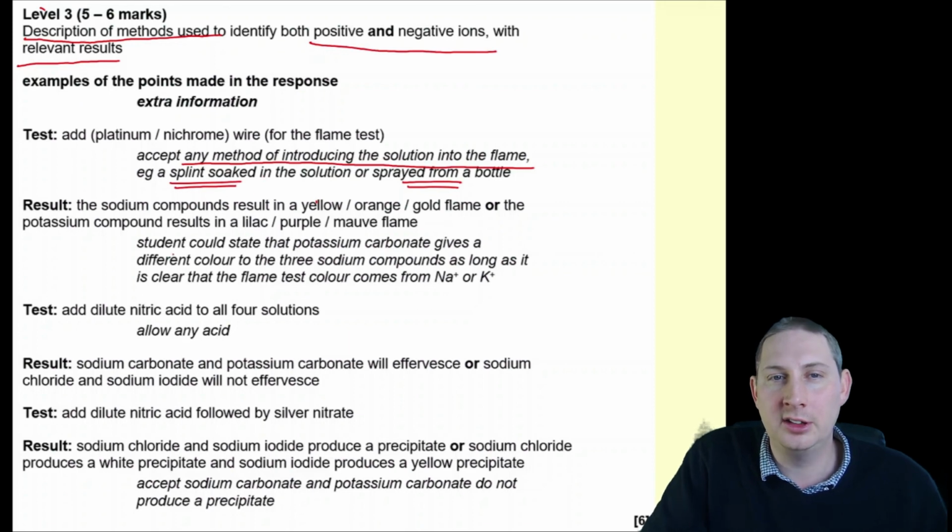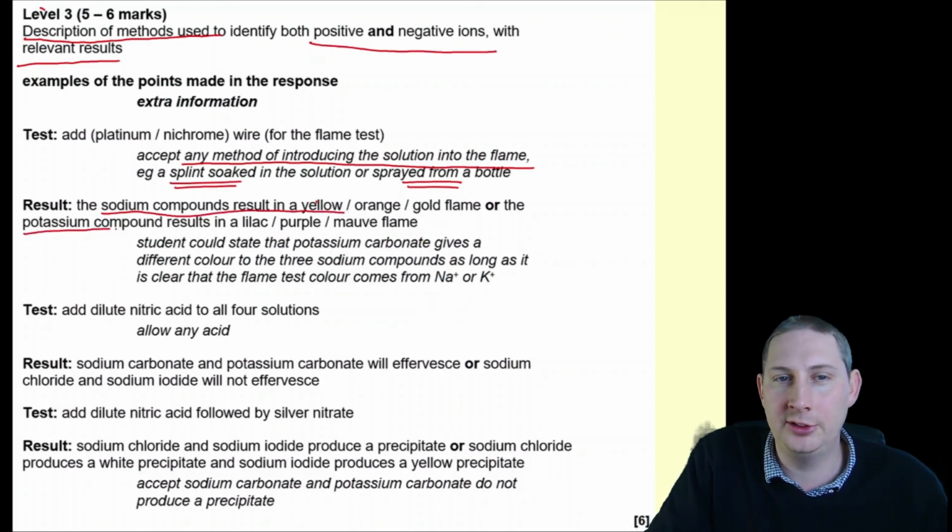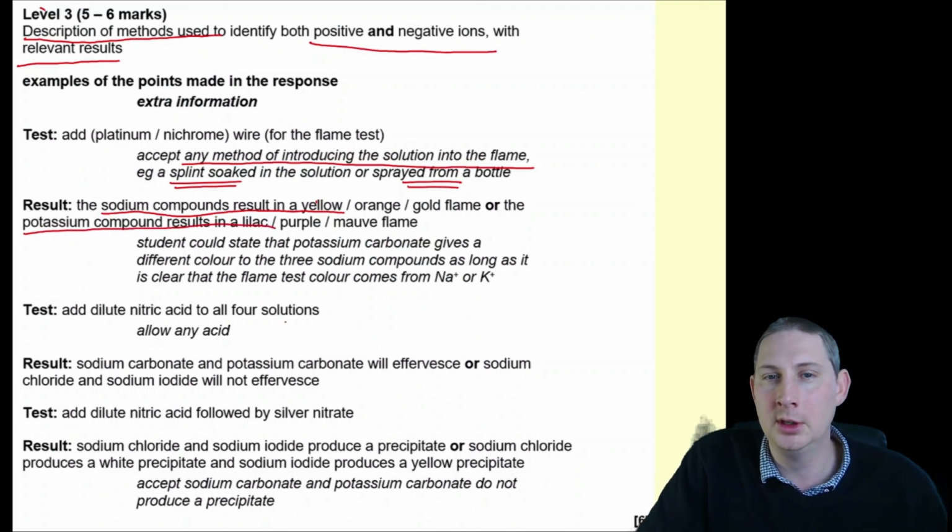The result, the sodium compounds result in a yellow flame or an orange flame. The potassium compounds would give a lilac flame. Student could state that potassium carbonate gives a different colour to the 3 sodium compounds as long as it is clear that the flame test colour comes from the sodium or the potassium. Okay, so you've got to really describe that potassium gives a different colour in the flame test to the other 3 compounds.